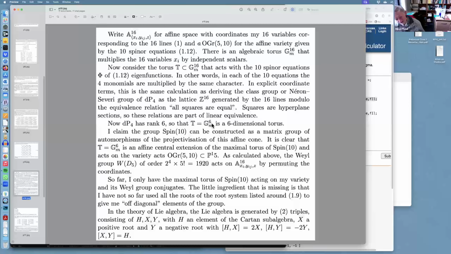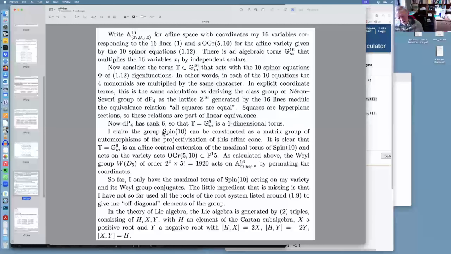The torus of rank 6 in there leaves the orthogonal Grassmannian variety invariant. It multiplies each of its equations by the same scalar.